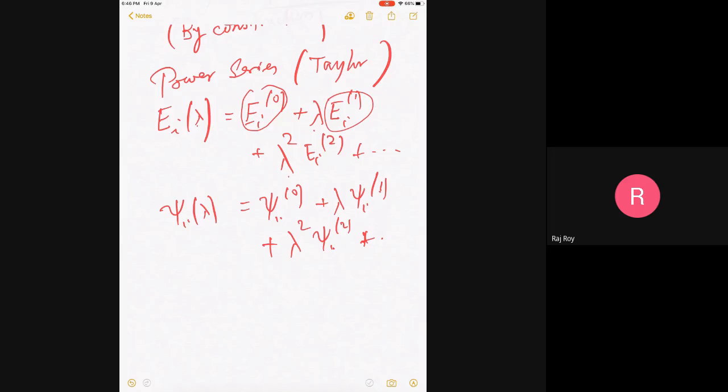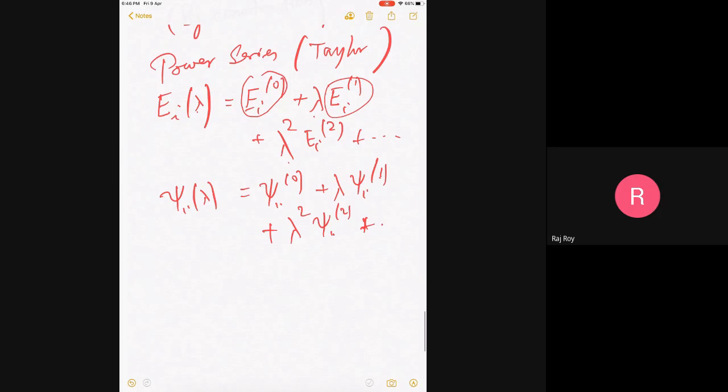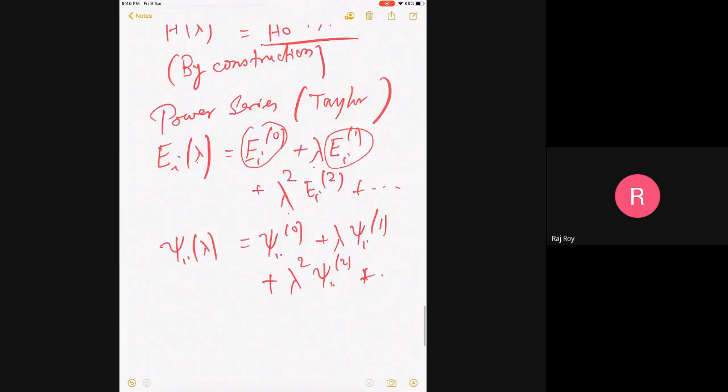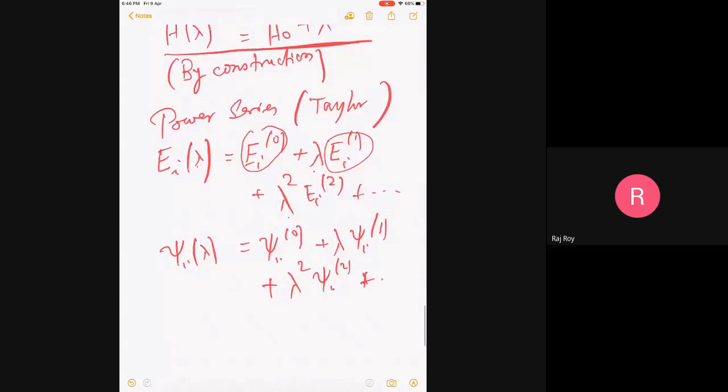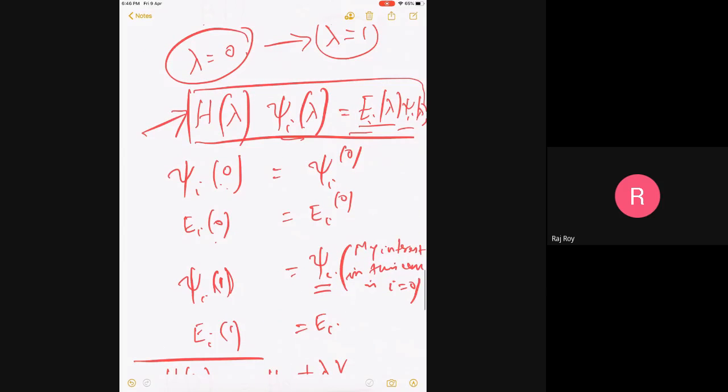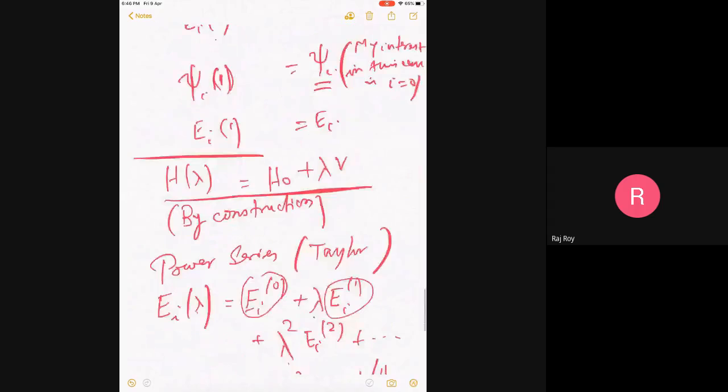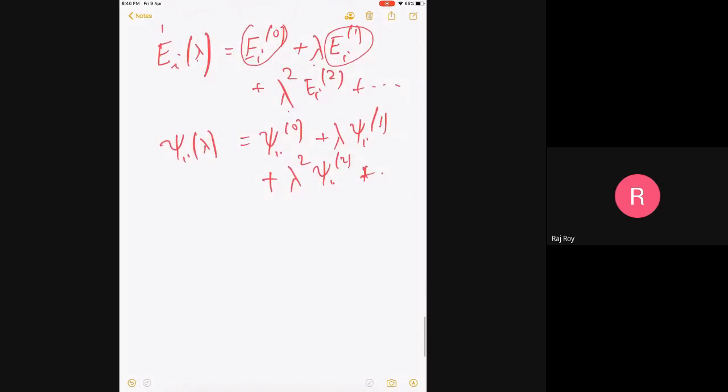Is it clear? Again, the symbols should be all very clear. So this is a power series expansion that I have done, and I know the expansion of H lambda. So all I will now do is plug them into my generic Schrodinger equation of lambda, and then I will see what I leave.